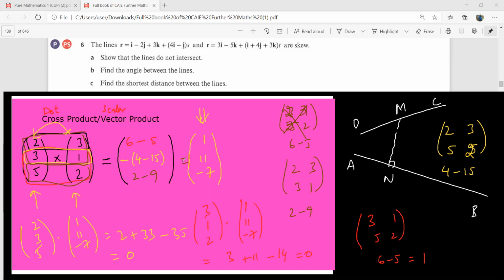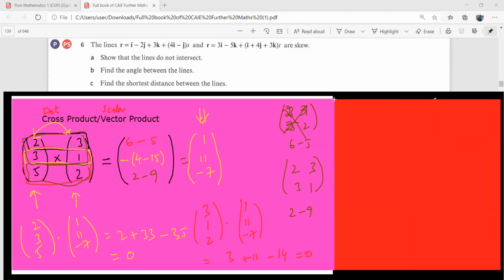A vector obtained through the cross product of two vectors is perpendicular to the vectors that have been cross multiplied. Okay, there is another way of finding the same thing if you want to use that matrix method.